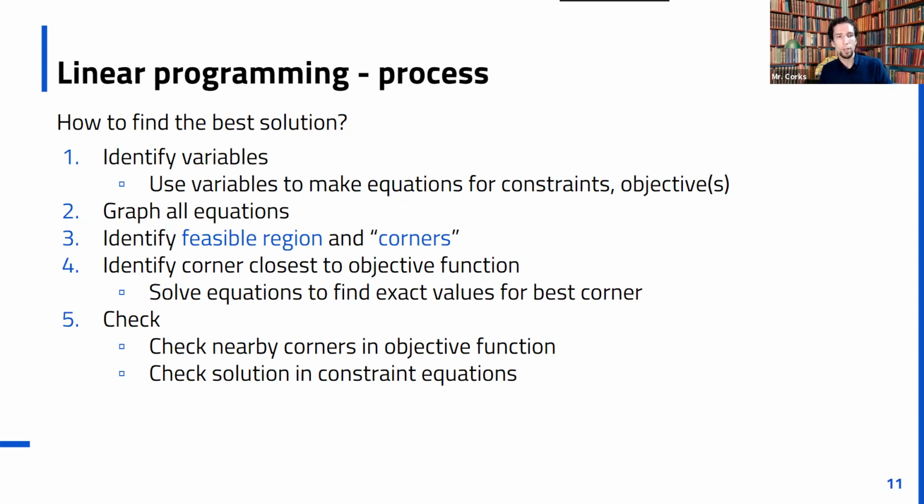Then graph everything, find the region, find the corners in the region, and find the corner that's closest to your objective function. If it's far away, shift your objective function a bit closer until you can see which corner is the best. Then we can do some algebra to verify exactly where that point is if needed.